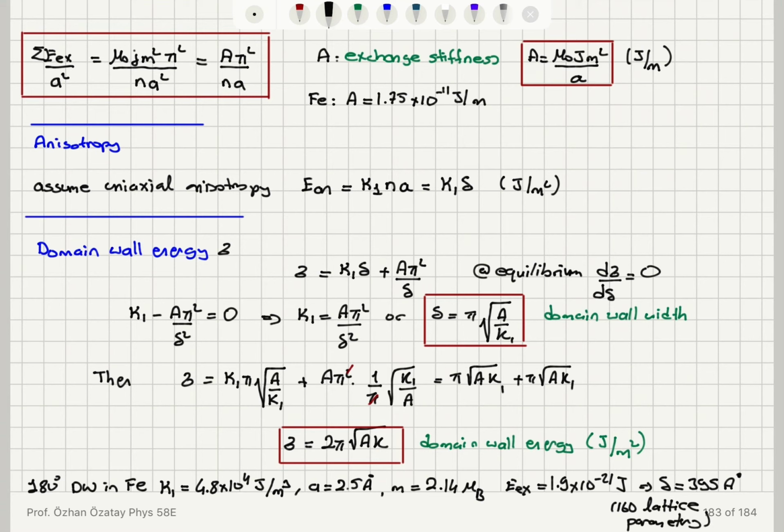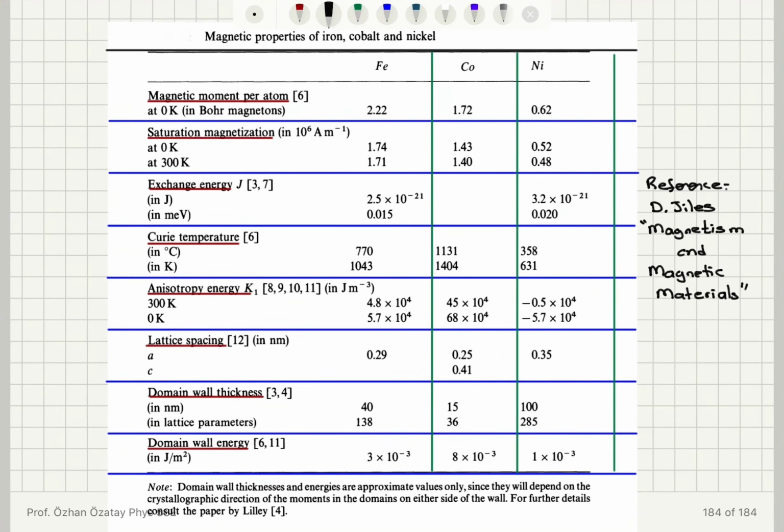So if we look at different magnetic materials, iron, cobalt, and nickel, our favorite elemental ferromagnets, we have for iron, magnetic moment per atom at 0 Kelvin, 2.22, cobalt 1.72, nickel 0.62. Saturation magnetization decreases from 0 Kelvin to 300 Kelvin, a slight decrease for iron, cobalt, and nickel.